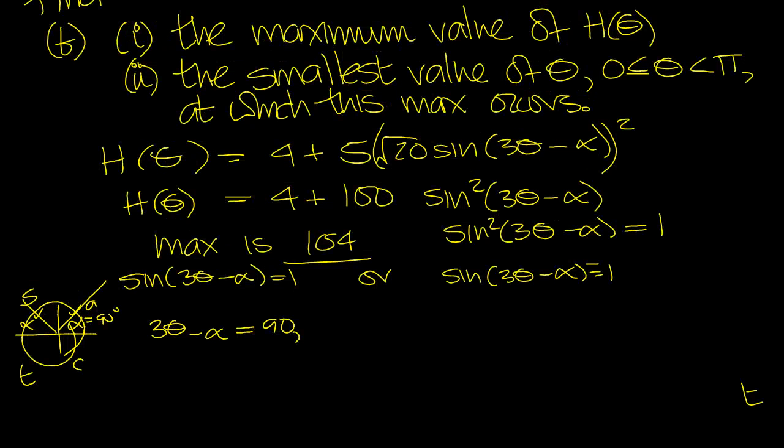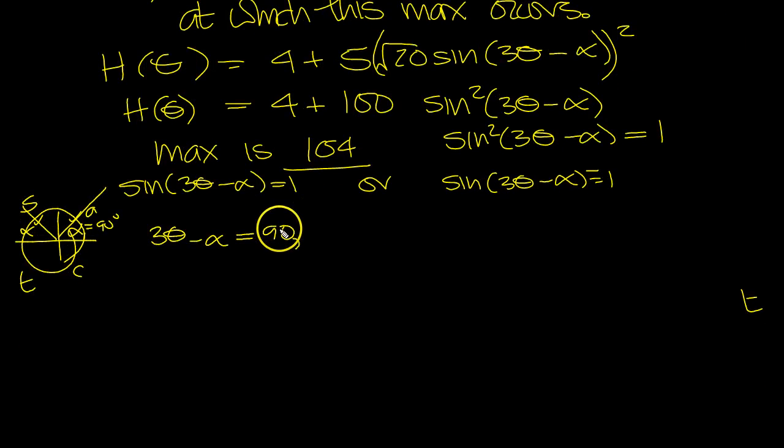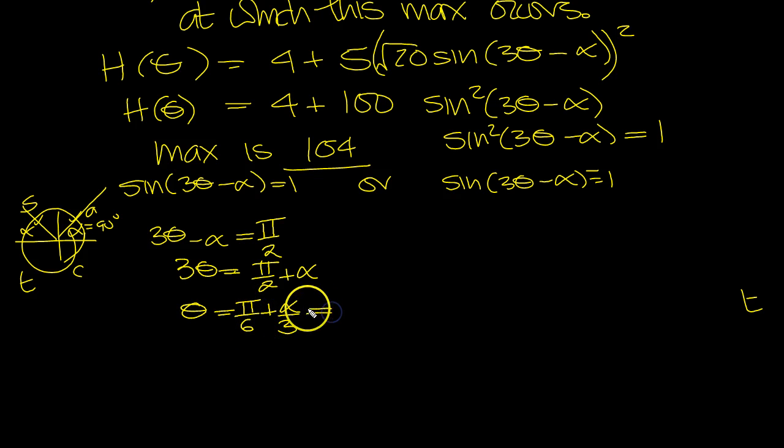The next one would be, it's asking for the smallest value of theta in the range. So this would be pi over 2, because we're dealing in radians. That would be the smallest value, so 3 theta is equal to pi over 2 plus alpha. And theta will be pi over 6 plus alpha over 3. This other one would give 3 theta minus alpha, instead of it being 1, it'd be minus 1, it'd be down here.